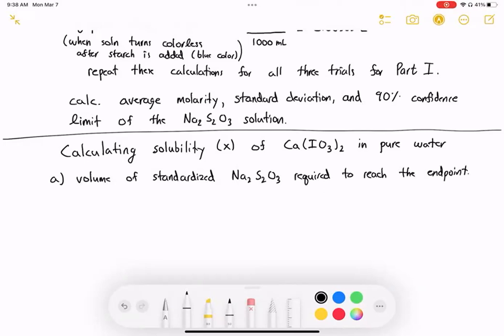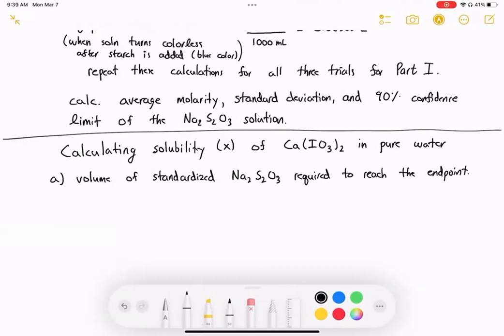Okay, so you're going to use the value of the endpoint in this reaction of the saturated calcium iodate in pure water. So you're going to use the volume from part 2.